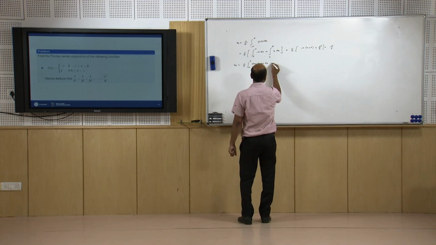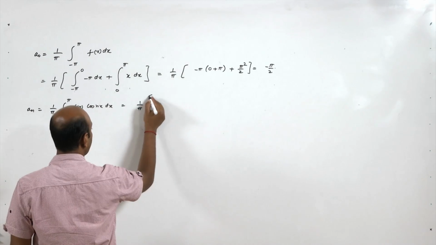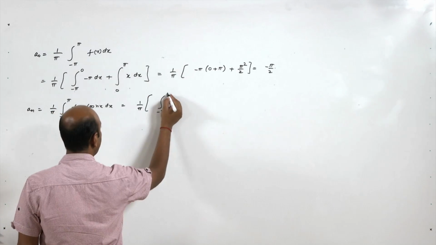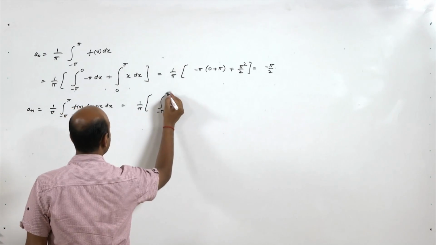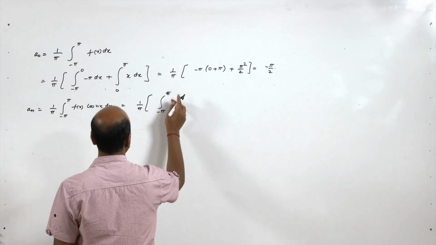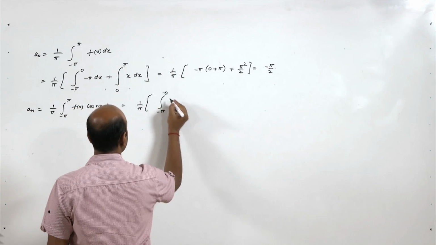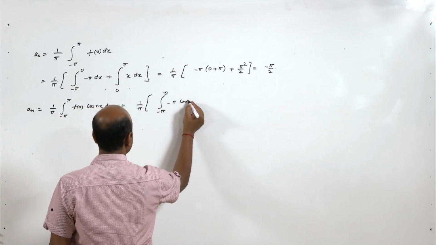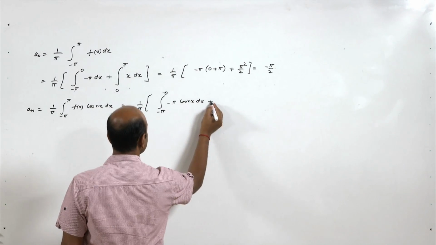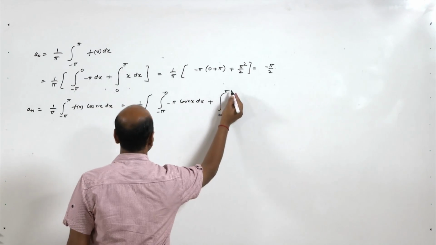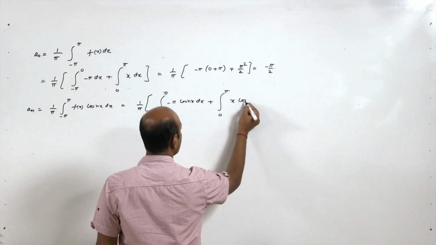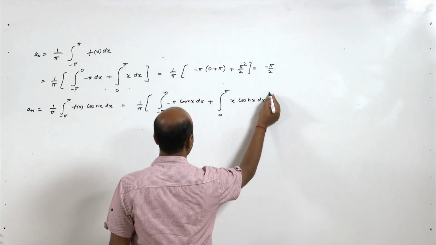Now, it can be written as 1 upon pi, integral from minus pi to 0 of minus pi cos nx dx plus integral from 0 to pi of x cos nx dx.